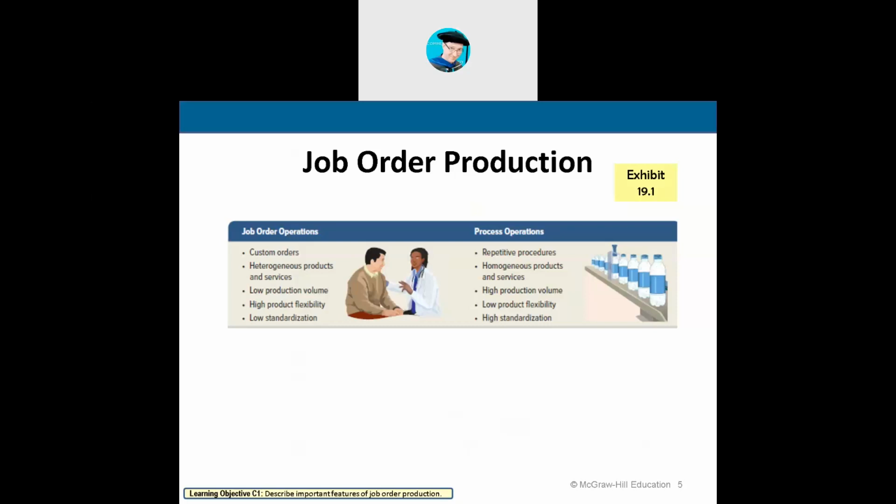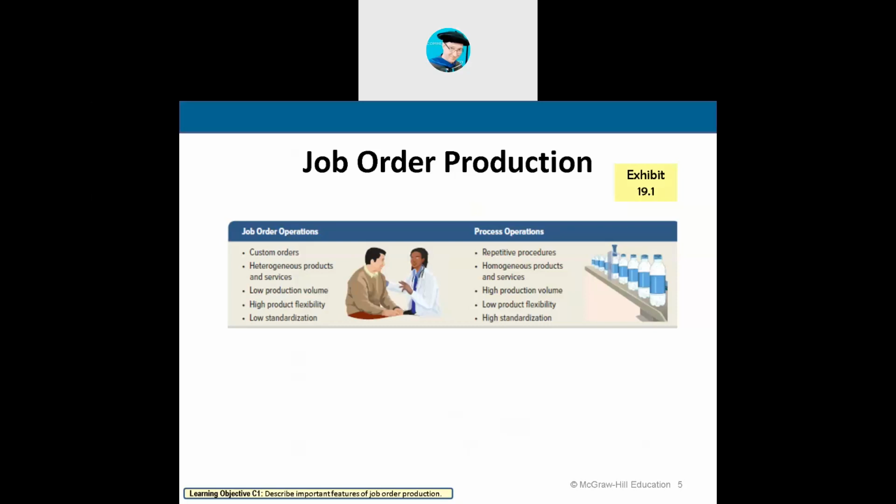High product flexibility, you can customize anything on this order. You could have heated seats, leather wrapped steering wheel, leather seats, different color interior, different color paint, all kinds of customization. So flexibility. And low standardization.